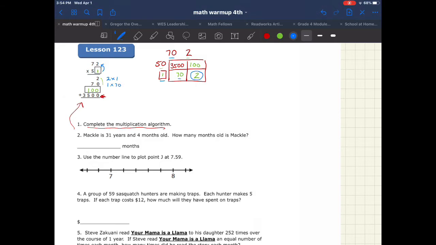The 100 is this 5, which is really a 50, times the 2, which we see here. 50 times 2 is 100. And the 3,500 was the 50 times the 70. The 50 times the 70 is right here, and it's right here. Makes that 3,500.